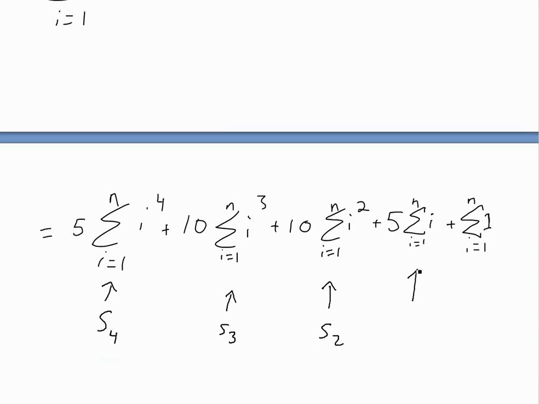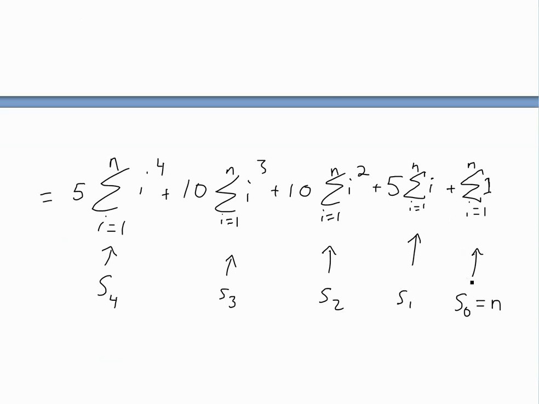S2, this one right here S1, and this could be S0, which is just 1. When you're adding up 1 plus 1 plus 1 all the way to n, that's just going to be n, because if n is 2, 1 plus 1 is 2, if n is 3, 1 plus 1 plus 1 is 3, etc. So whatever n is, that's the answer.